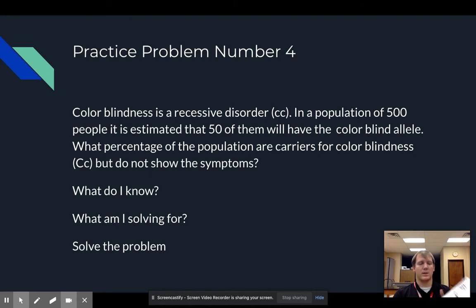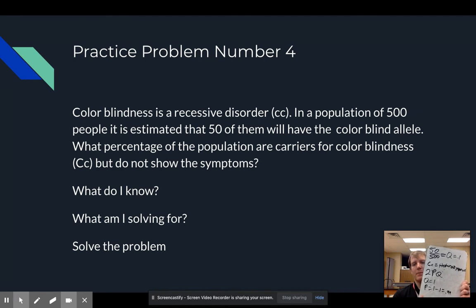Remember, we just did a problem like this for the last set, the heterozygous is 2pq. All right, I know q is equal to 0.1, but I don't know p, so p is equal to 1 minus 0.1, so then p equals 0.9.